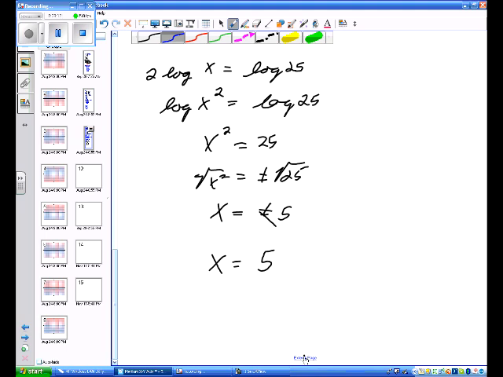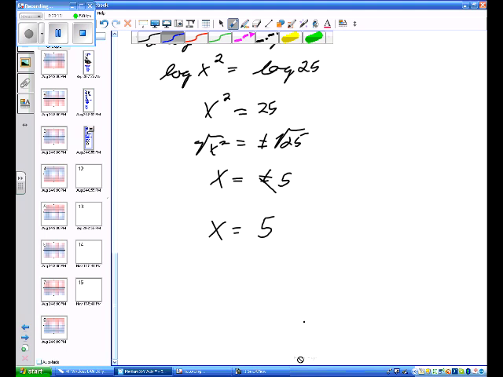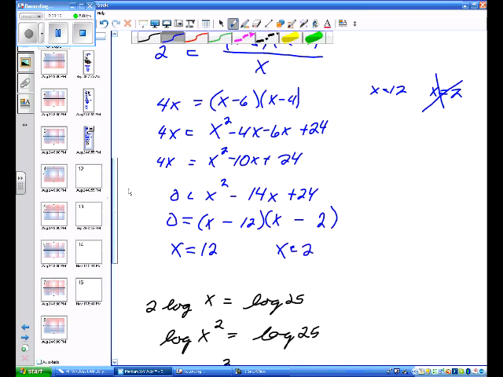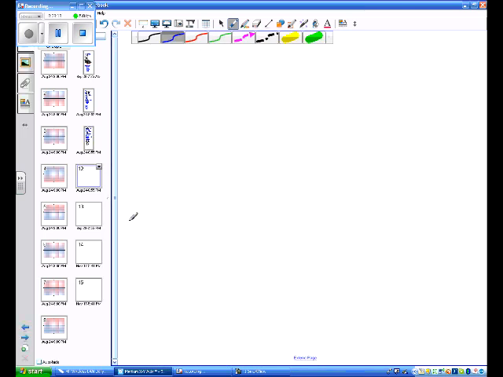Okay, let's look at one last equation that we're going to solve, and then we're going to look at using this in compound interest formulas. If we have 2 log x minus log of 7 is equal to log of 1/12.